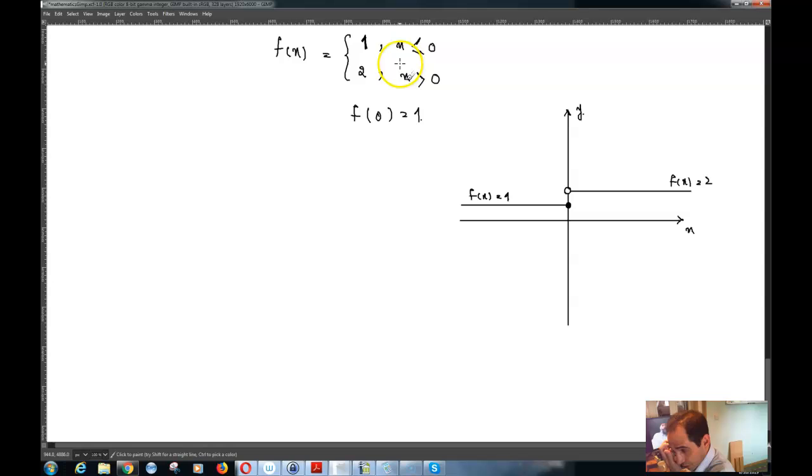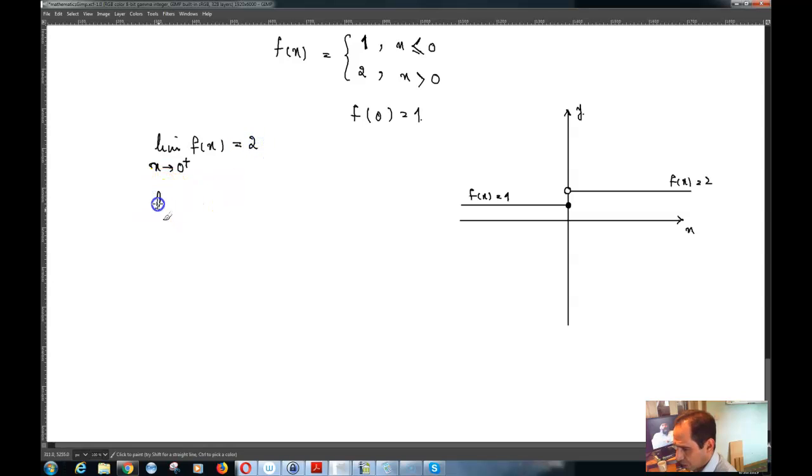Now, if you try to find the limit of this function as x tends to 0, this is an interesting illustration. When you write the limit of f of x when x tends to 0 from the right, you have to approach 0 from the right, meaning that you have to go along this line over here, and the value of the function very close to 0 along this line is going to be f of x is equal to 2.